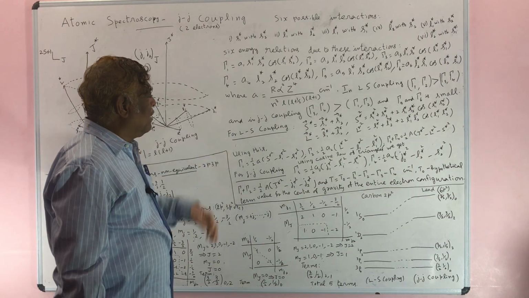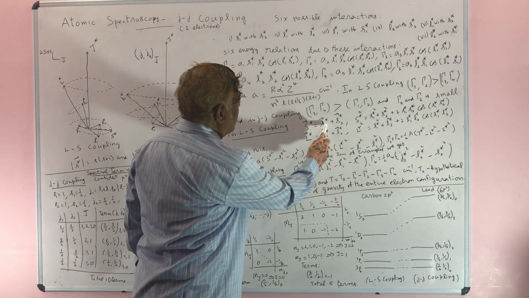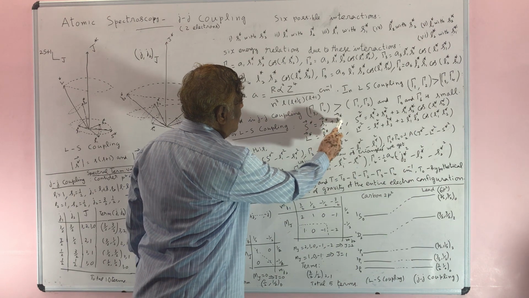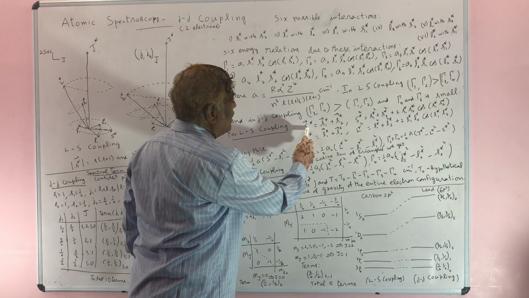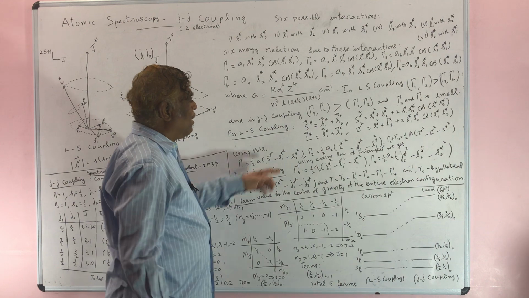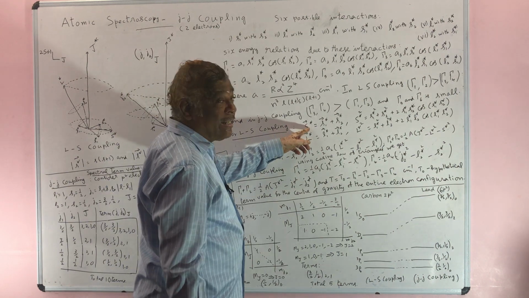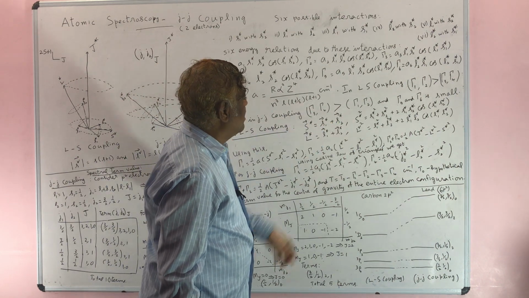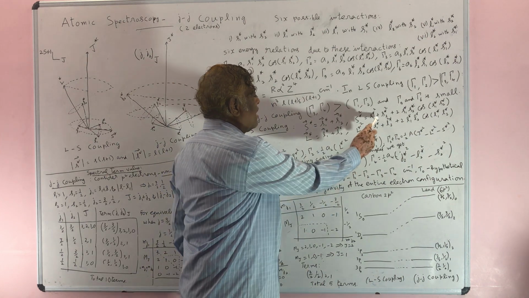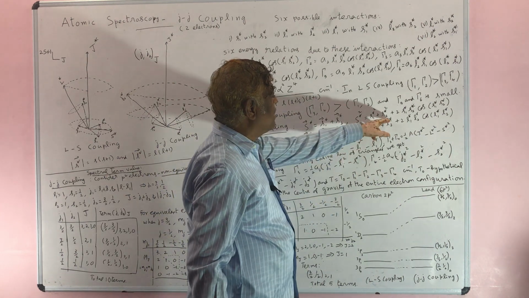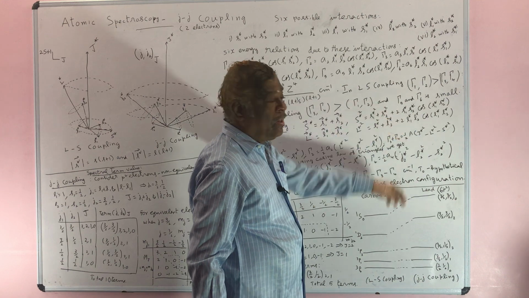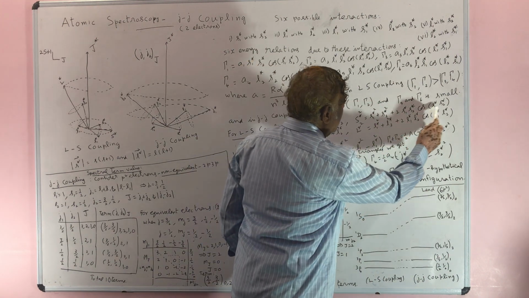For LS coupling, suppose there are the two vectors S1 star and S2 star, with the resultant S star. If we take the dot product of S star with itself, it becomes S star squared. The right hand side becomes S1 star squared plus S2 star squared plus 2 S1 S2 into the cosine of the angle between these two.